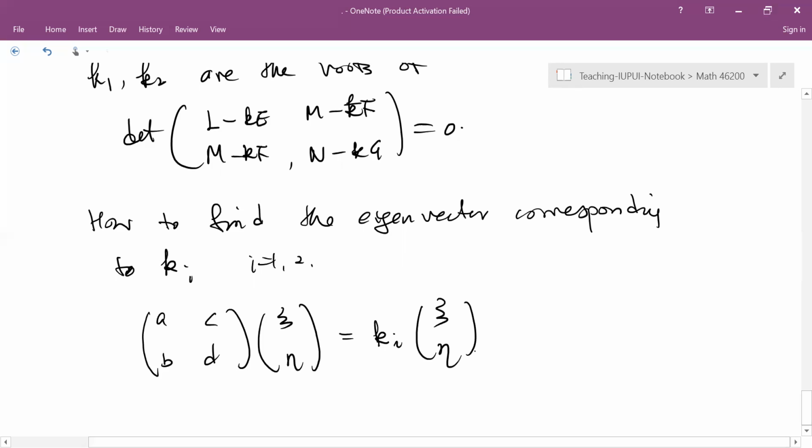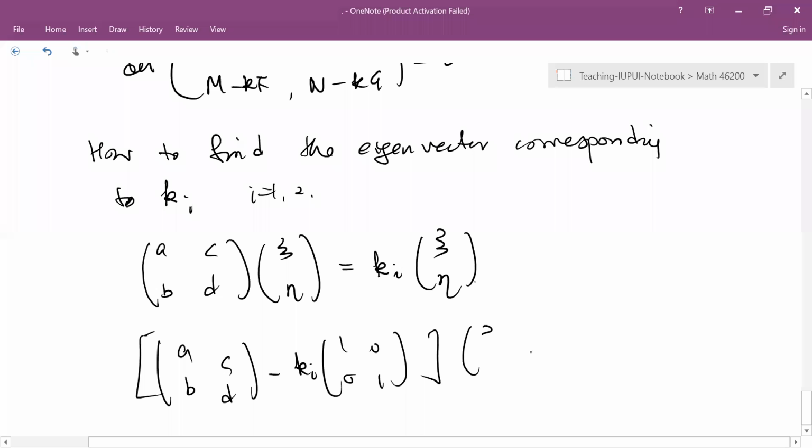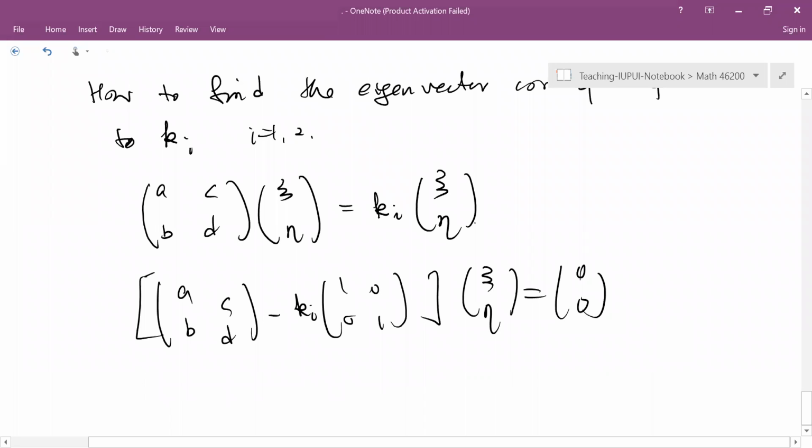Then look at this identity. This is actually going to be (A, B; C, D) minus Ki times (1, 0; 0, 1). Because the determinant of this matrix is 0, you should have a non-zero eigenvector satisfying this equation.